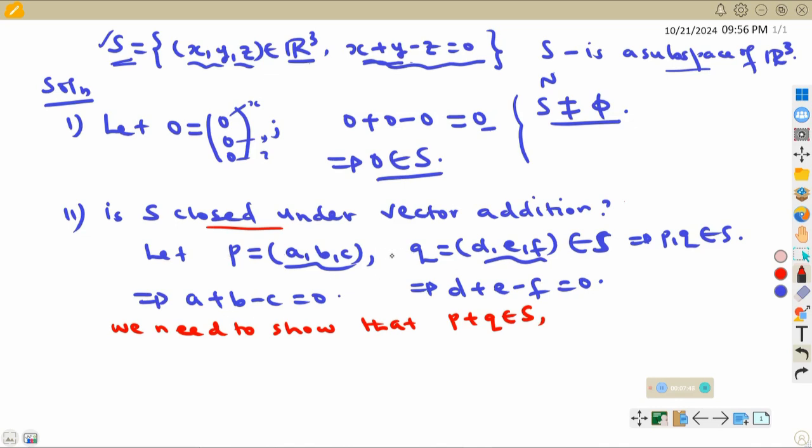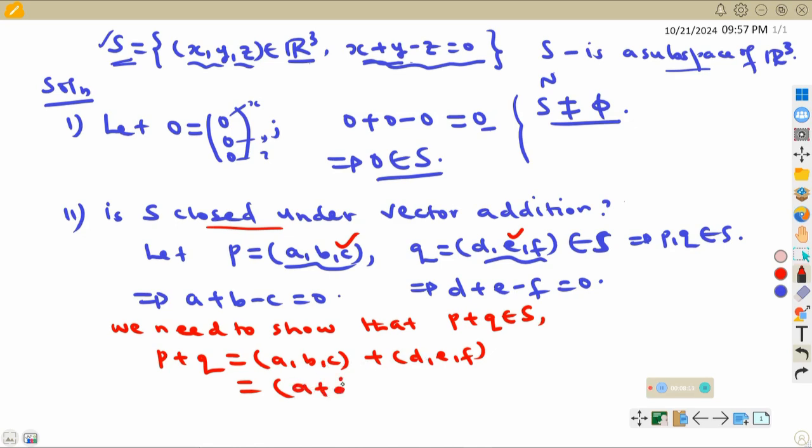But we have already got P and Q. So let us look at what P plus Q is. P plus Q is the same as getting A, B, and C and adding D, E, and F. Remember, P is this, Q is this. So what will this give us? When we add these two vectors, we add the corresponding components: A plus D, B plus E, then C plus F. So that is what we have so far.